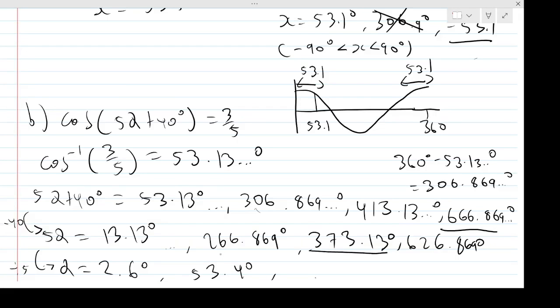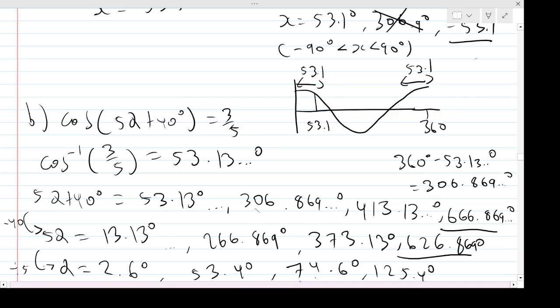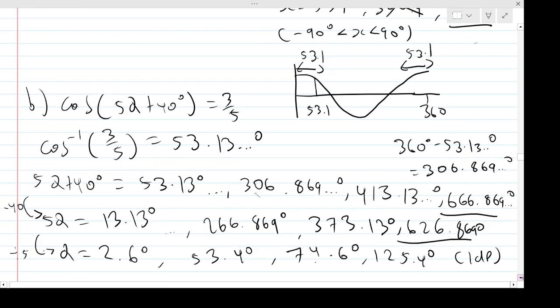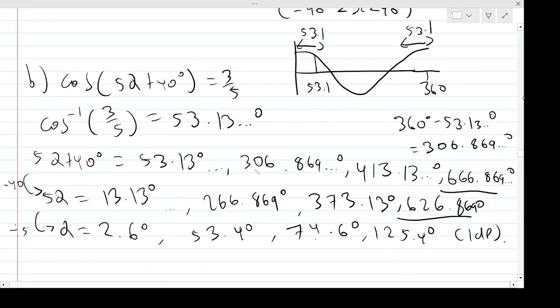Then this next solution, 373.13 divided by 5, I get 74.6 degrees. Then lastly, the 626.869 divided by 5, I get 125.4 degrees if I round it. Okay, so that's the one decimal place. So those are my values then. Those are my solutions for alpha, the first 4, right?